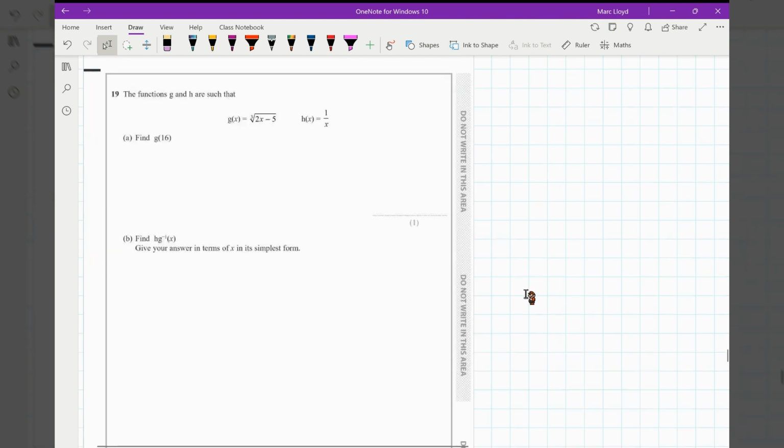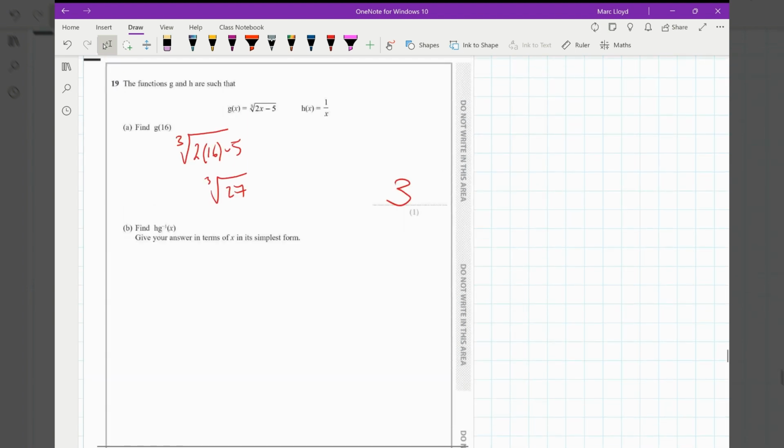Question 19. So we've got a function g and a function h. Our first question, find g of 16, which means we're going to put 16 into the function. That gives us the cube root of 32 take away 5, which is 27, and that's 3. Okay, the next bit. Find h of g minus 1 of x. So that means the inverse of g first, and then that's going to go into h.